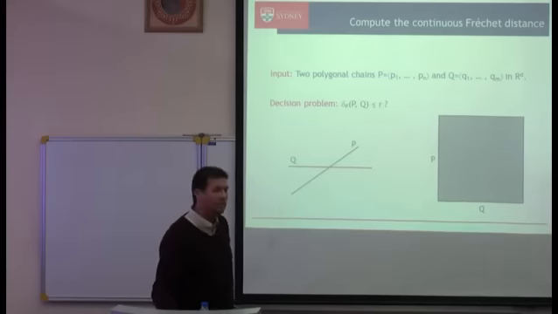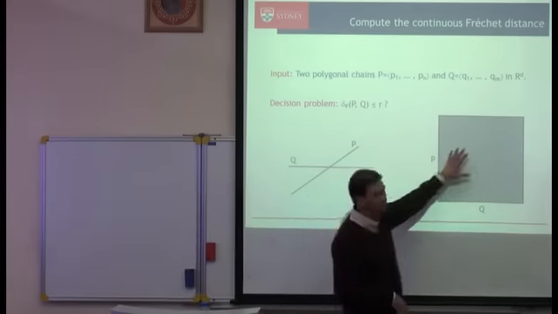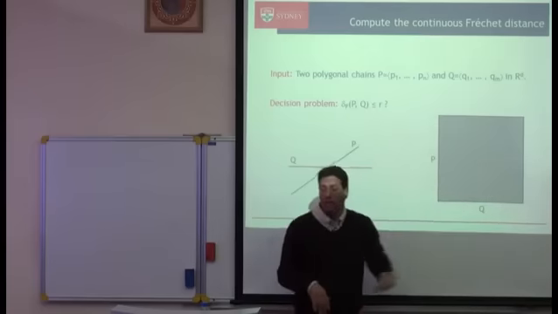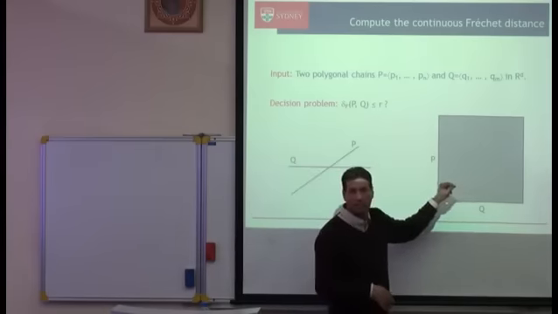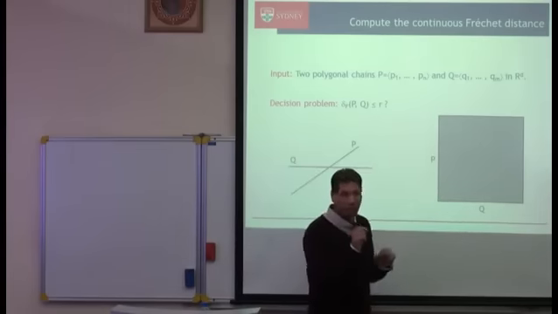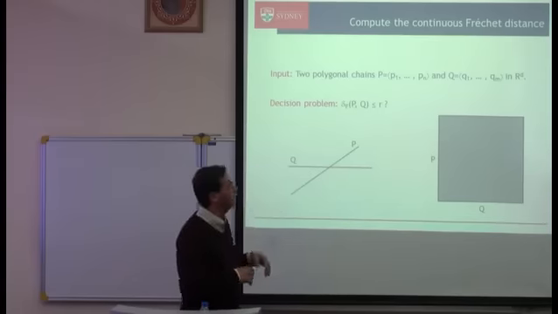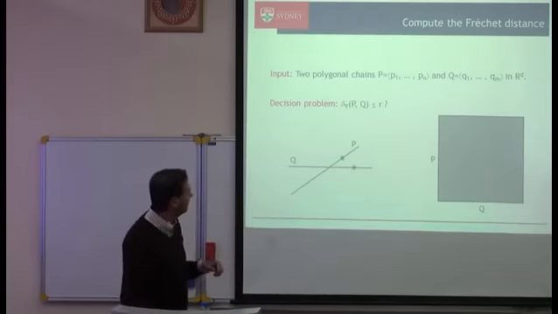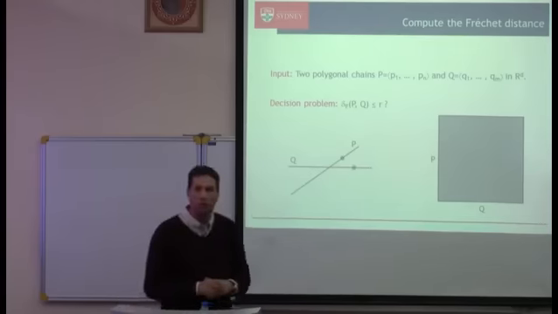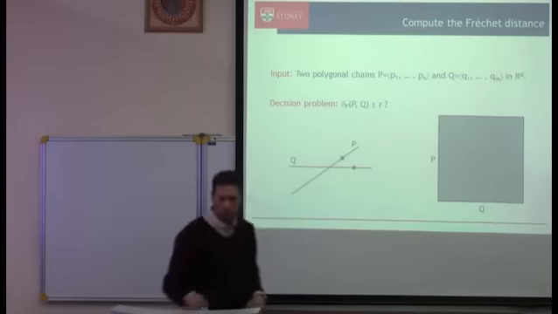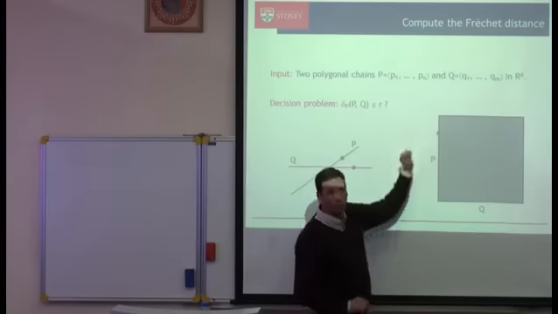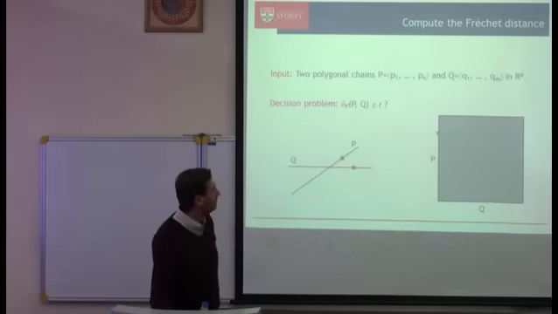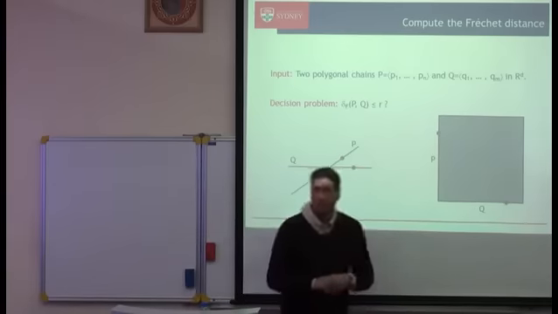So now what I want to do is color this cell in 2 colors. If I consider 2 points, 1 point on P and 1 point on Q, the point on P will correspond to a point on the vertical axis, right? The point on Q will correspond to a point on the horizontal axis. Okay?